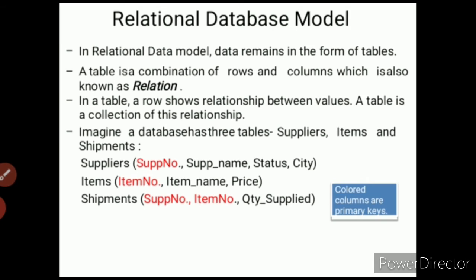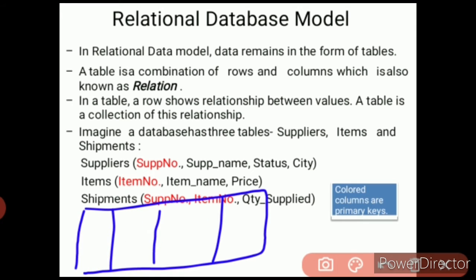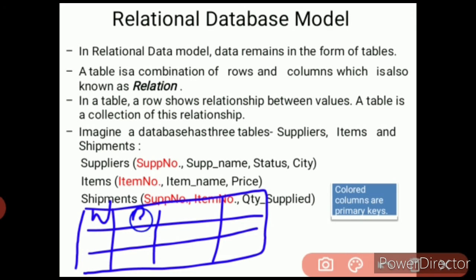In a table, a row shows the relationship between values. A table is a collection of this relationship. What does it mean? In a table, a row shows relationship. Suppose here again I am making a table, and here I am having different values. So suppose I am writing name, then roll number, then class, then father's name.